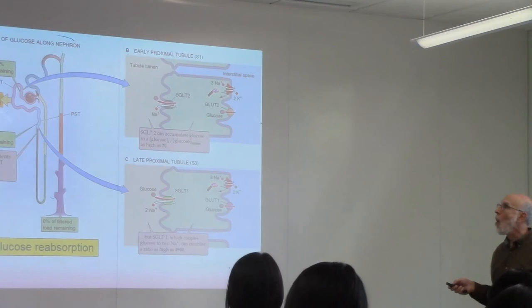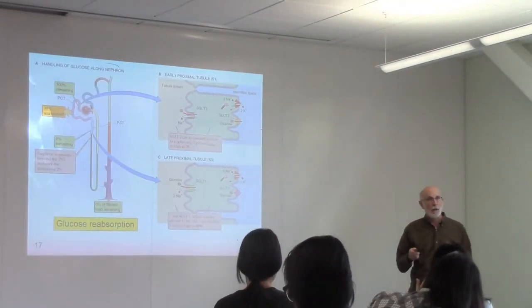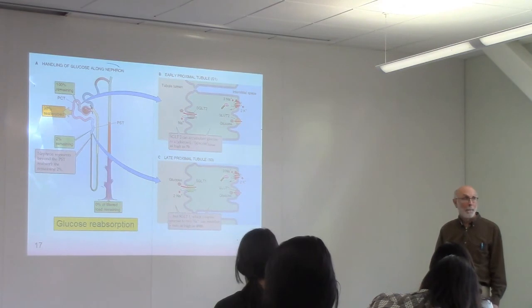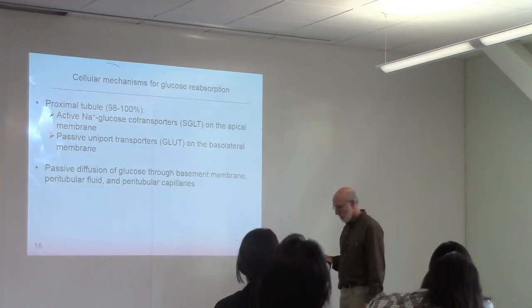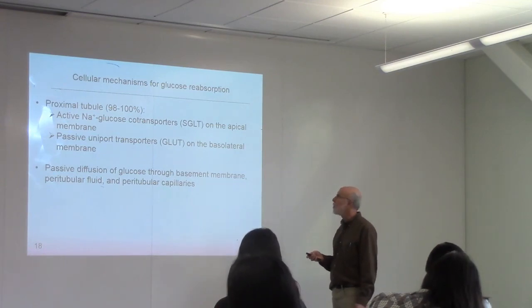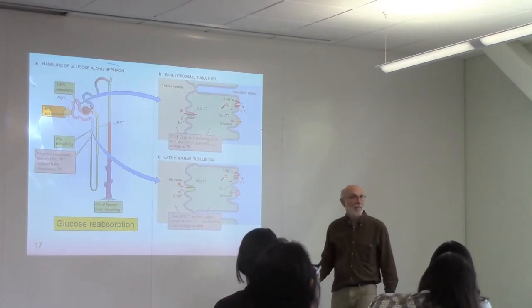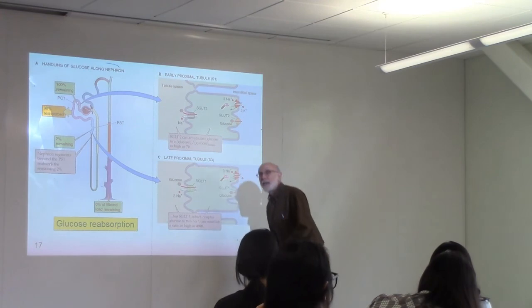Let's just say all of the glucose that is filtered at the glomerulus out of your blood plasma is reabsorbed in the proximal tubule. 98% is the correct number, but 100% is an okay number.